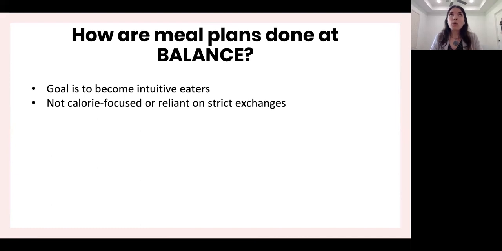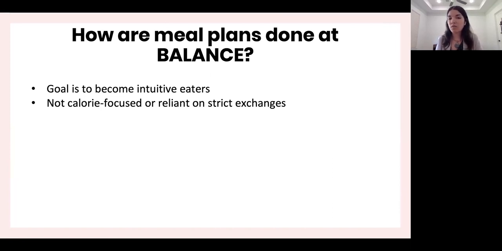So we want to keep meal plans flexible. Exchanges are typically what many treatment centers use, because it can be hard to tell clients what to eat, so it can be an easier way to give meal plans.